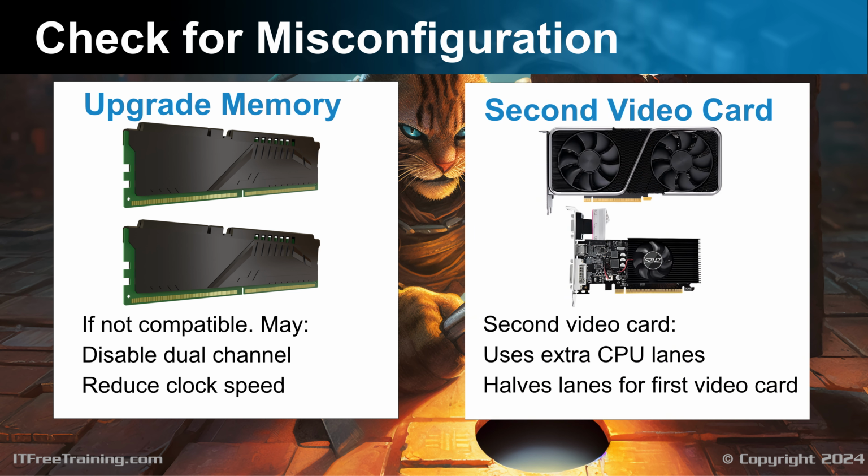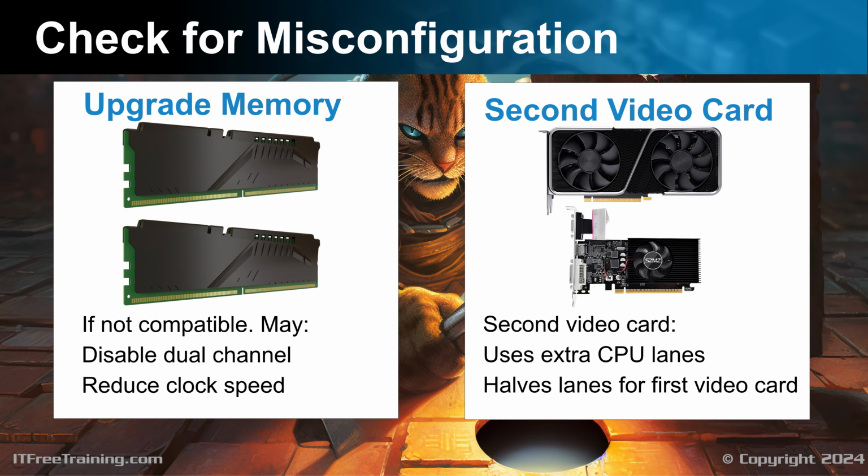Installing a second video card for an additional monitor could potentially impact your computer's performance. The CPU provides a finite number of lanes for video card connectivity. Adding a second card may divide these lanes, thereby reducing the allocation to the primary video card. The specific slot used for the video card often dictates the number of lanes it utilizes.